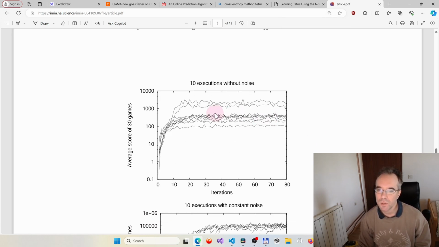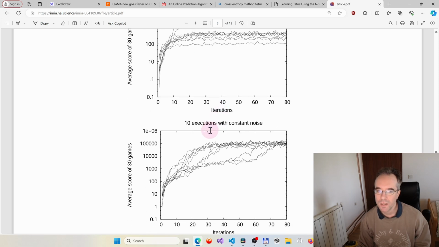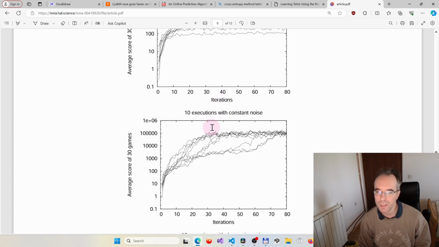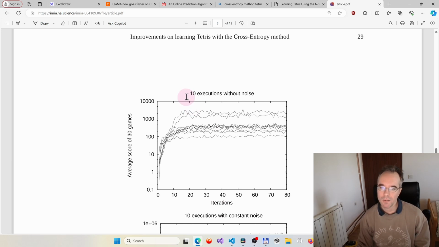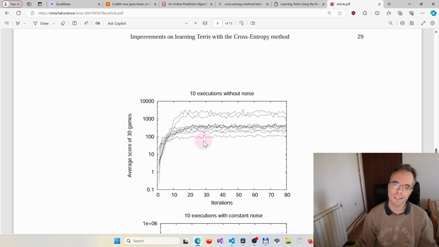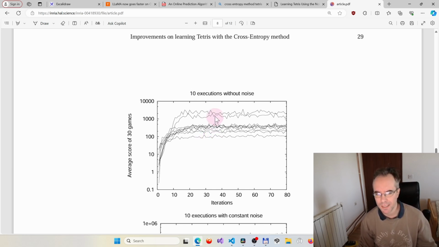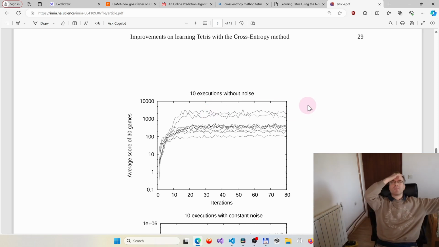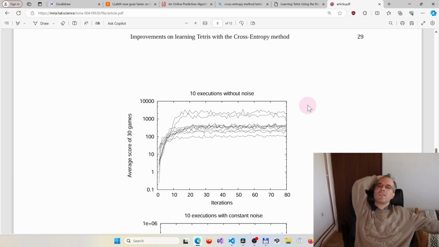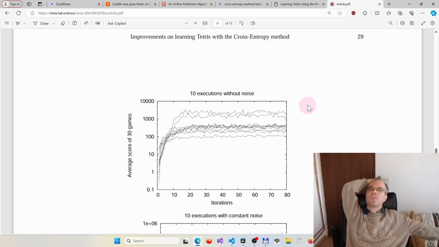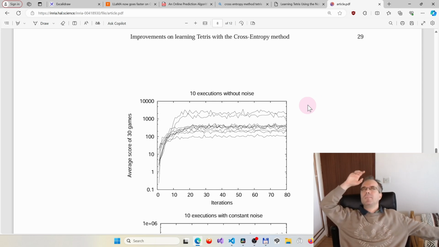10 executions without noise, and here are the 10 executions with constant noise. Without noise, you can see that the algorithm really depends heavily on where it gets initiated. Sometimes it gets very poor performance, and sometimes it gets much better. And this is my experience with training policy gradient algorithms on Atari games. Sometimes it would perform really well, and other times it would be horrible.